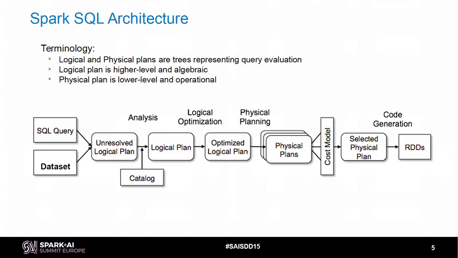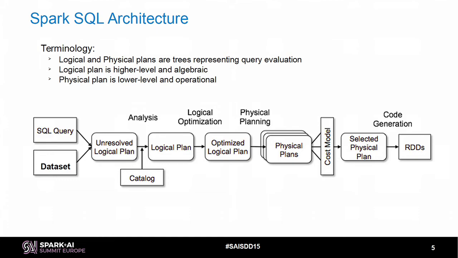Basically this slide shows the different phases of the Spark SQL Catalyst optimizer. It starts with a relation to be computed. It is specified using an abstract syntax tree given by the Spark SQL parser or the dataset object.